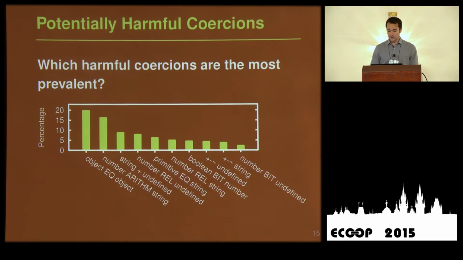So the next question is, among these potentially harmful coercions, what kinds of coercions are the most popular? So we did the same experiment as before, but now just focusing on the potentially harmful ones. So basically, there are two main reasons why JavaScript has potentially harmful coercions.